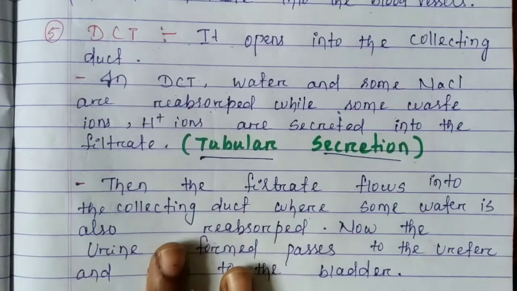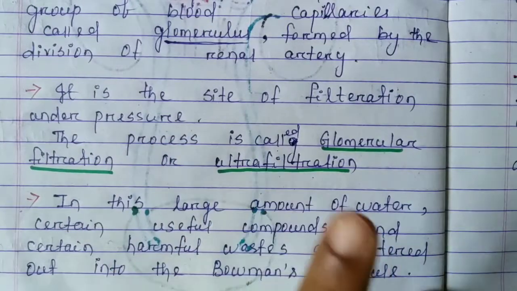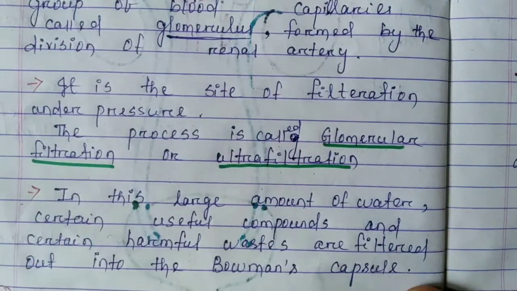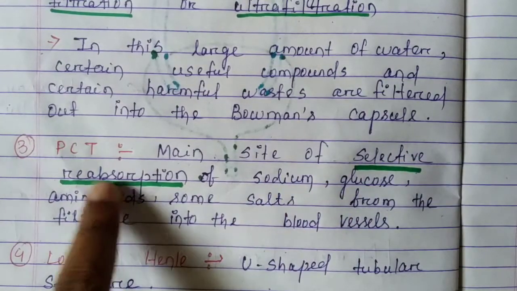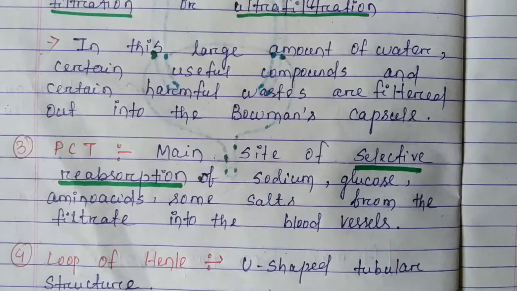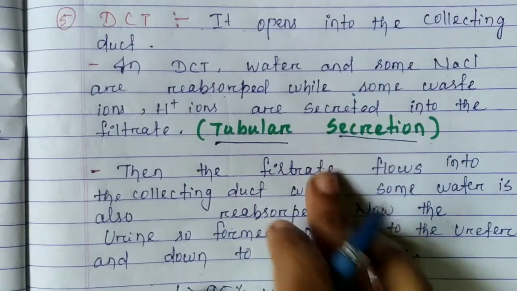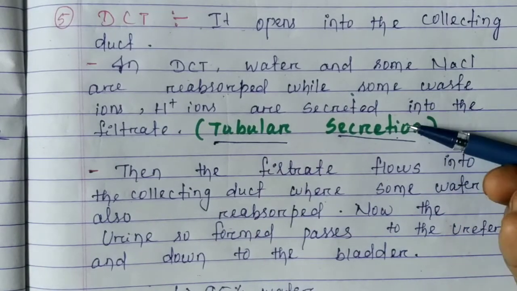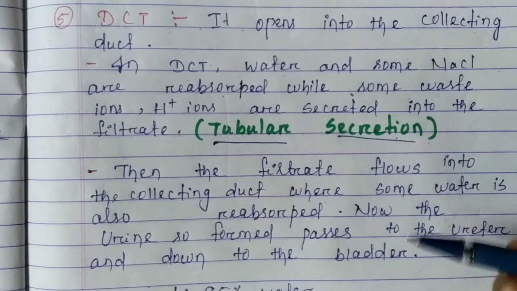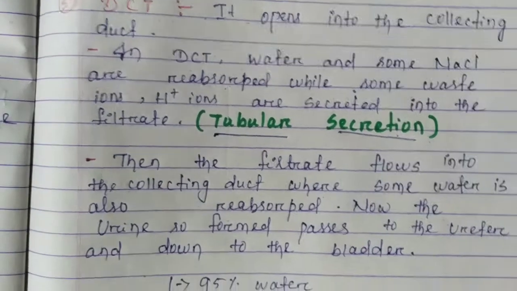We have seen three processes over here. One is glomerular filtration or ultrafiltration. The second one is selective reabsorption, where the useful substances are reabsorbed again into the blood vessel. And third is tubular secretion, that means the waste materials present in the blood vessel are secreted into the filtrate, or we can say the tubule of the nephron.